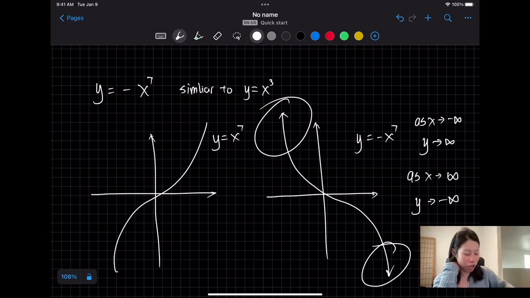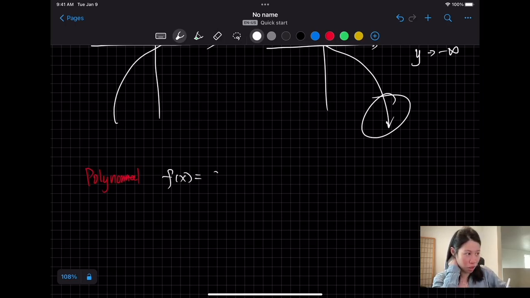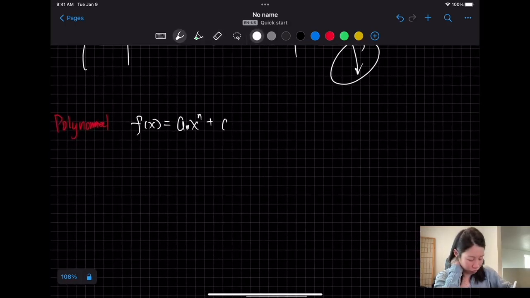So what is a polynomial? A polynomial function is a function that can be written in this form.